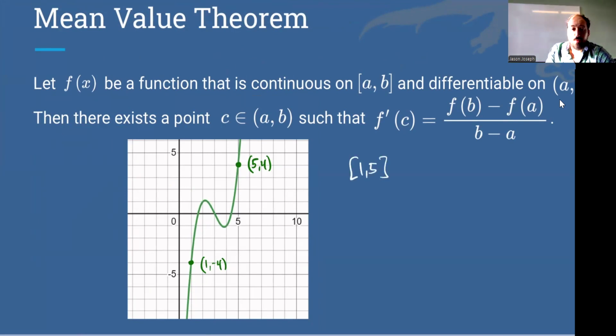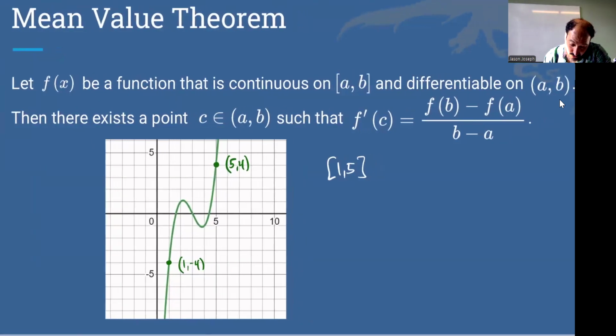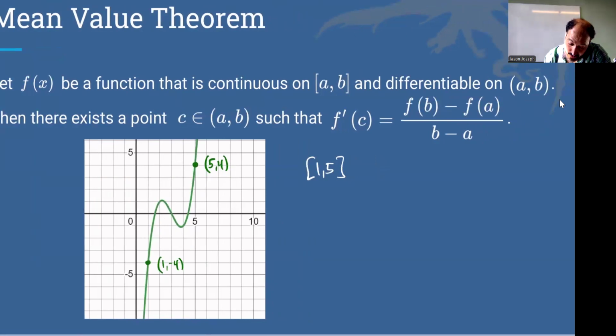There are many possible intervals you could look at here. That's just one where it's easy for me to tell what the y values are. And by looking at the picture, we're pretty convinced that f is continuous on 1, 5 and differentiable on the open interval 1, 5.